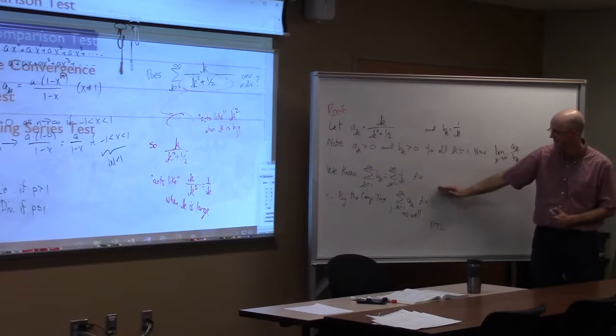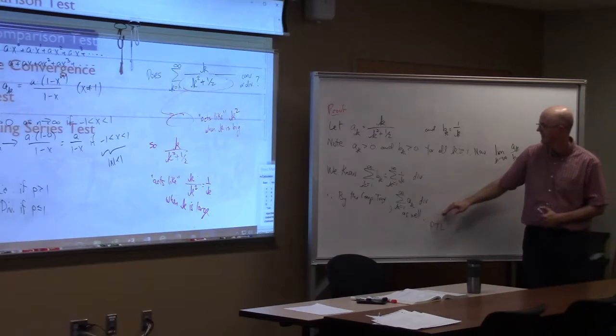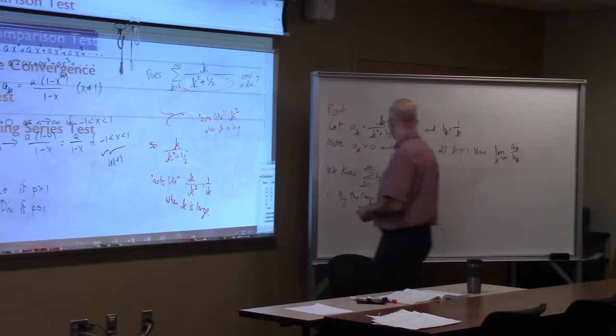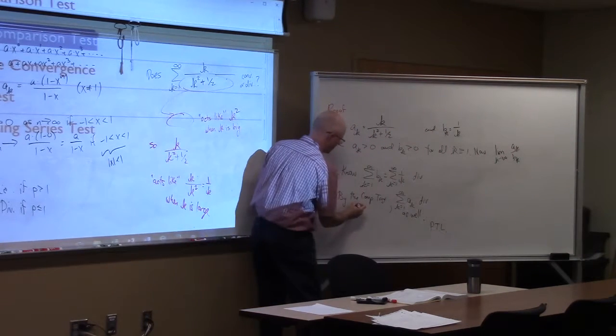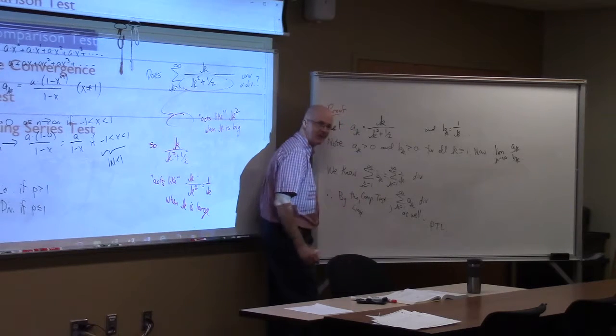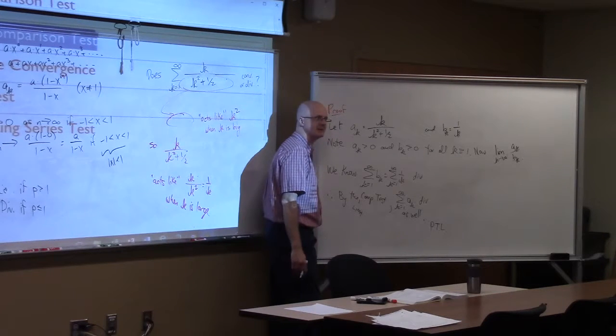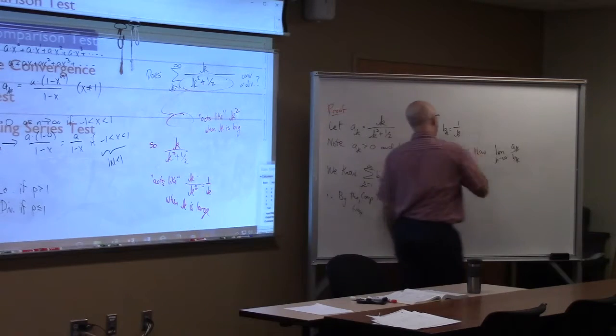I'm leaving these sentences here essentially unchanged, except I should add the word limit in here. Because that's what I'm hoping to conclude by the limit comparison test, page 514. But I got to calculate this limit here.